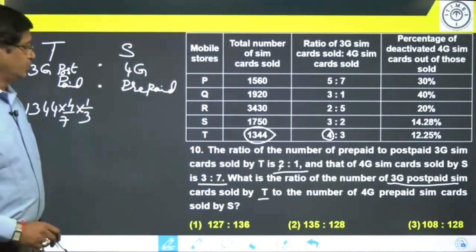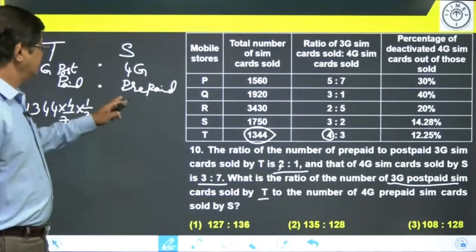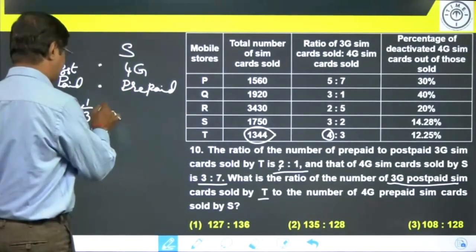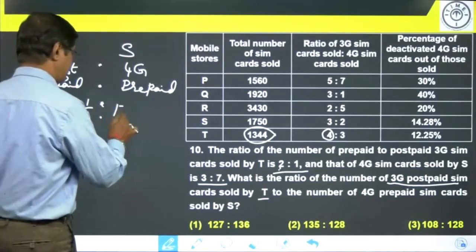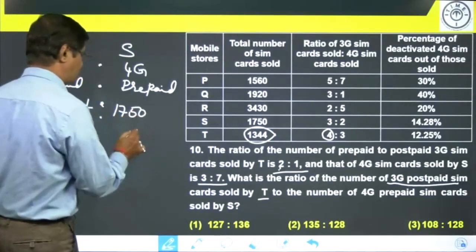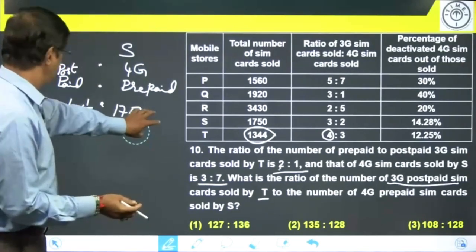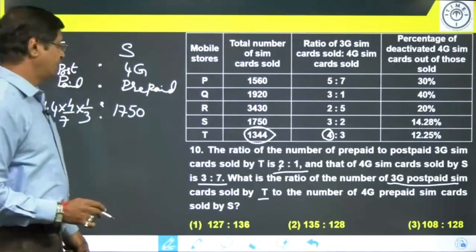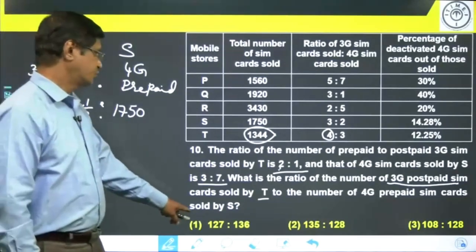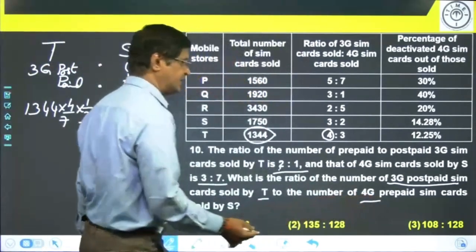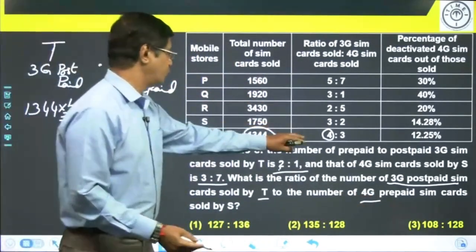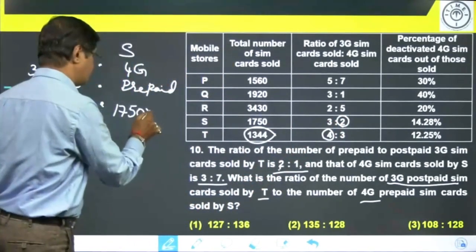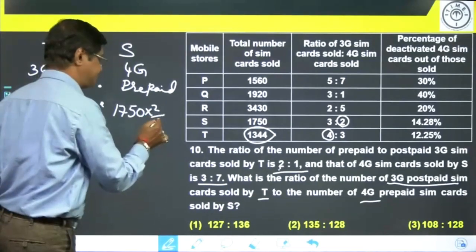Other side, 4G. What is the 4G here? S is equal to how much? 1750. And what is the number of 4G? Yes, we need to find out 4G, that too prepaid. 4G means 2 parts out of total 5 parts.